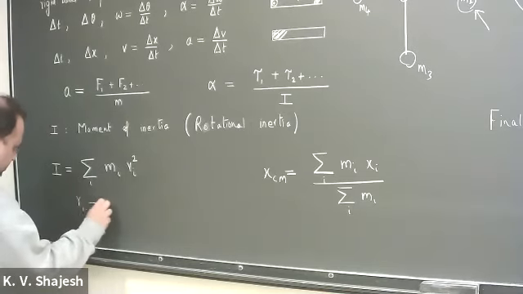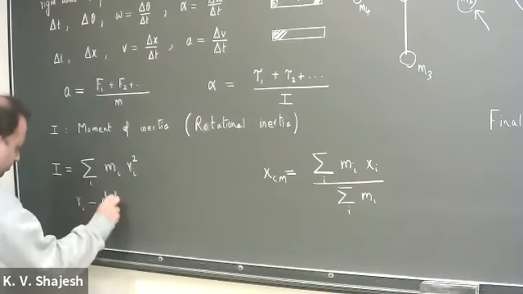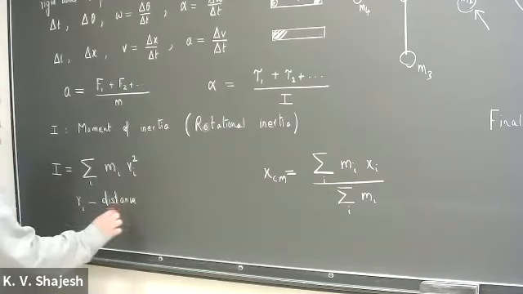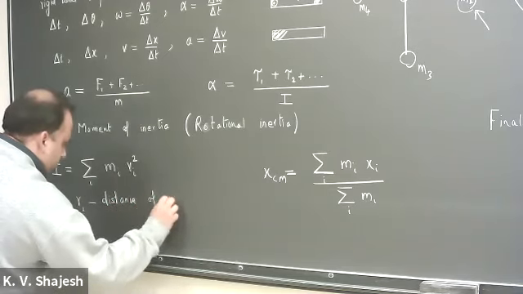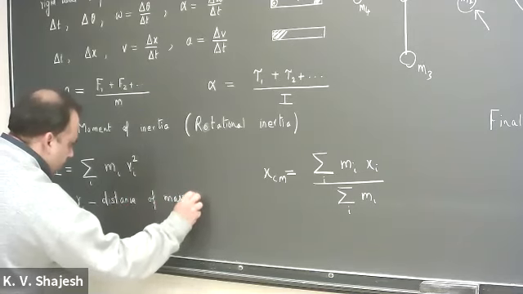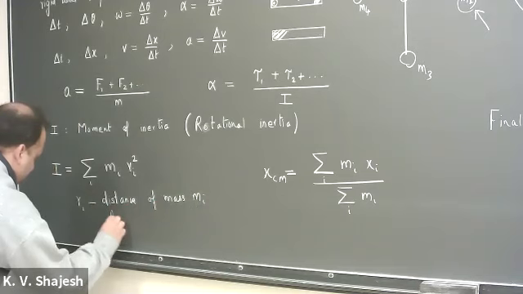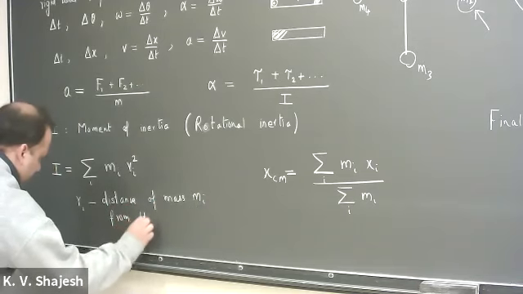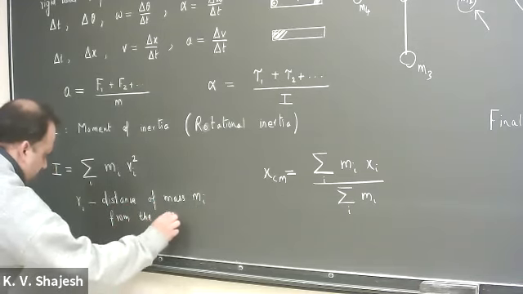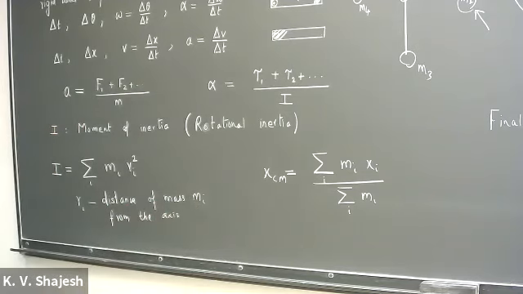Ri is the distance of mass Mi from the axis.